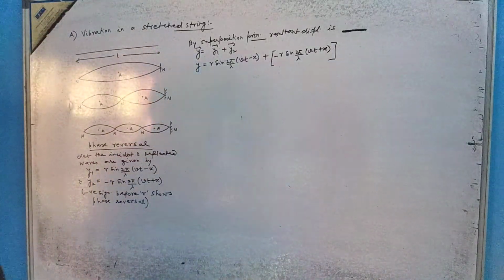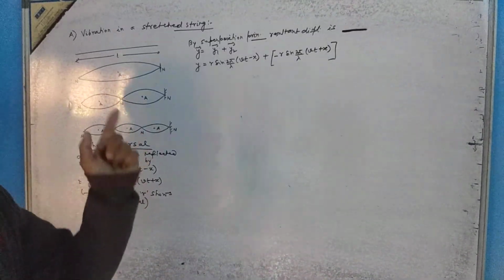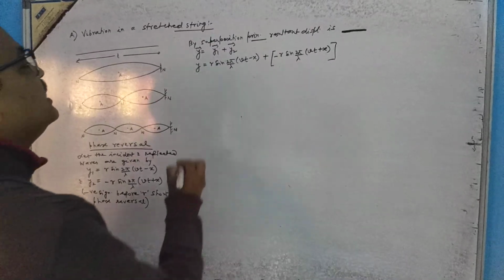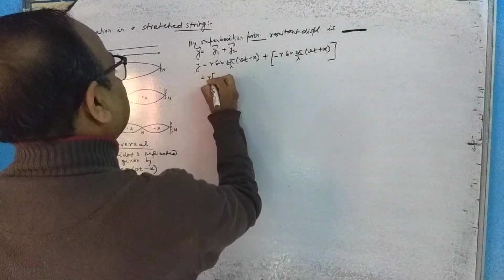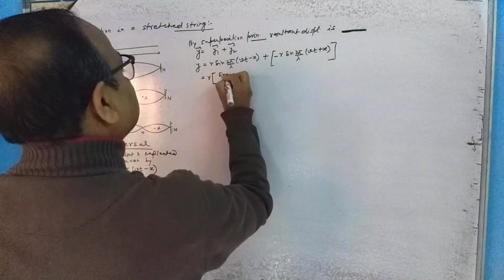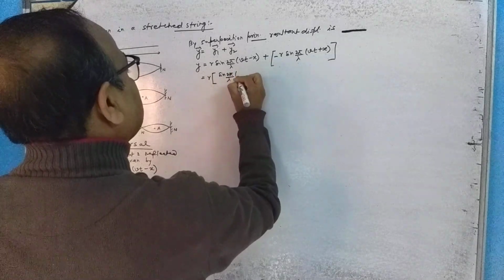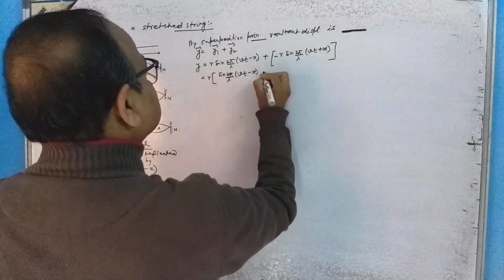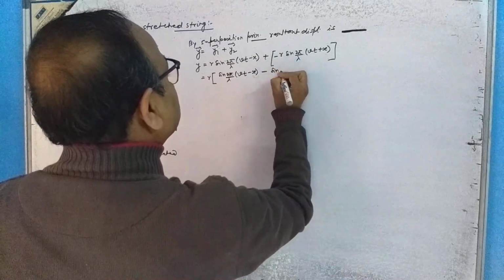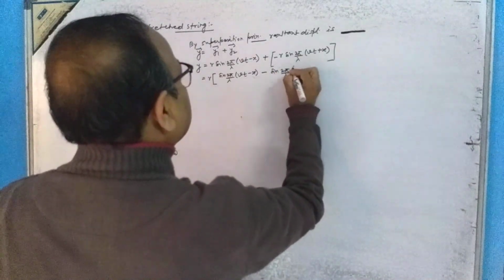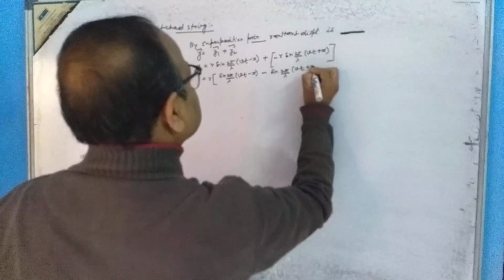I hope, dear students, you have very easily understood why we are writing it like this. Then r will be taken common: sine twice pi by lambda (vt minus x) minus sine twice pi by lambda (vt plus x).